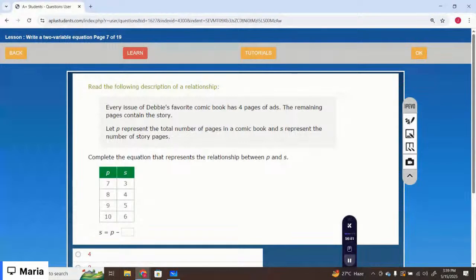Complete the equation that represents the relationship between P and S. Which is the correct option?